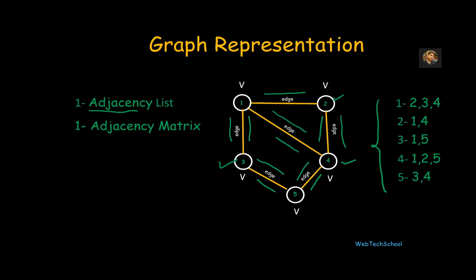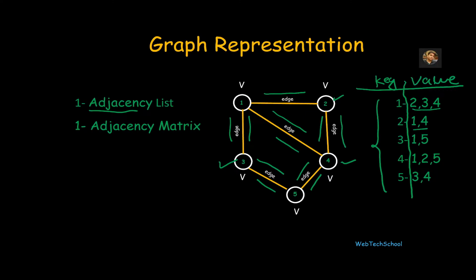If we look back at the previous representation, this data can be divided into two segments. The first segment is the list of vertices, which I can say is a key. And the second segment is the list of edge lists, which I can say is a value.